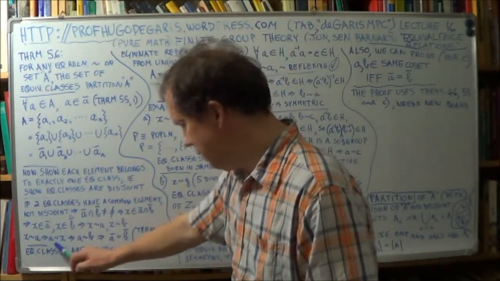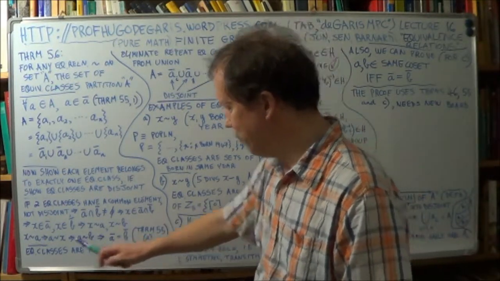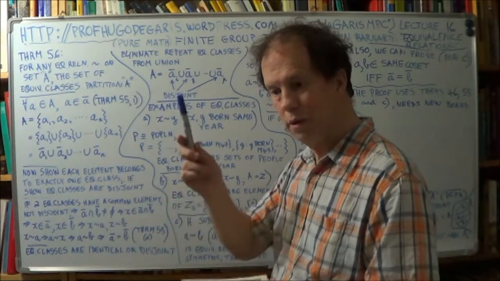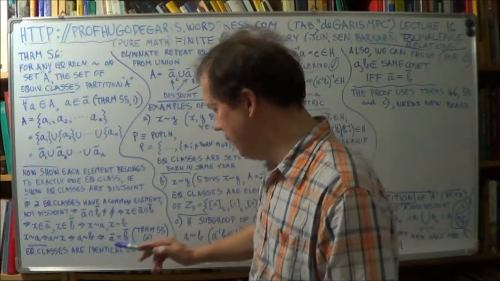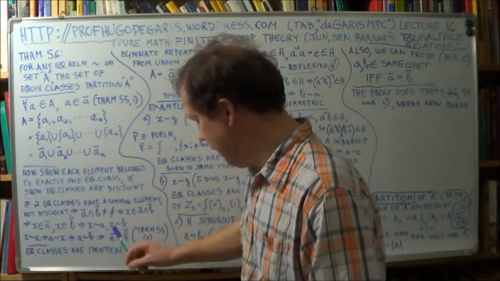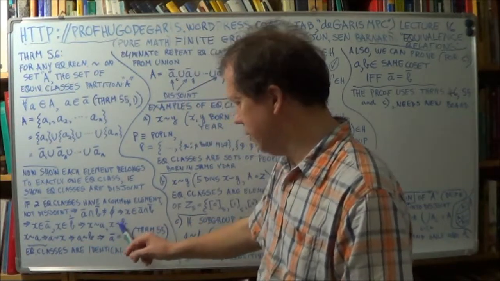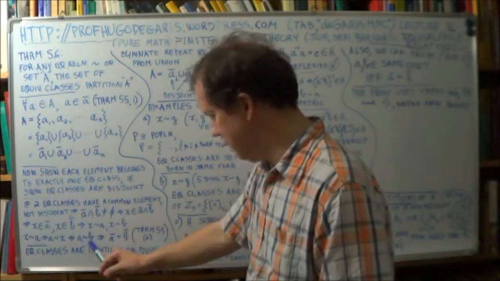So A is equivalent to X, and X is equivalent to B. Therefore, A is equivalent to B. That's from the third property, the transitive property of an equivalence relation. You've got this.